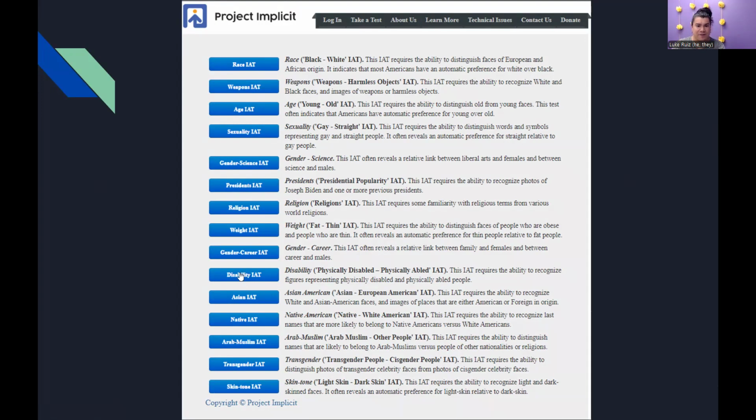You can click on any of these identities and see what unconscious bias looks like within age, within the Asian identities, or disability, or whatever it may be. It's one tool, and it's not going to give you all of the answers, but it's one piece to heighten your awareness and be more conscious of who you are and how you approach your work.